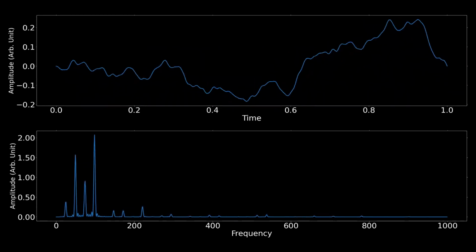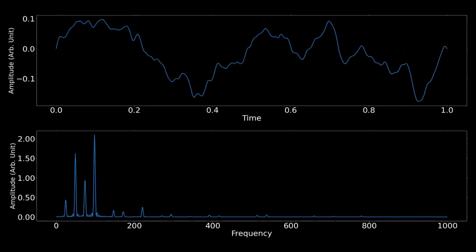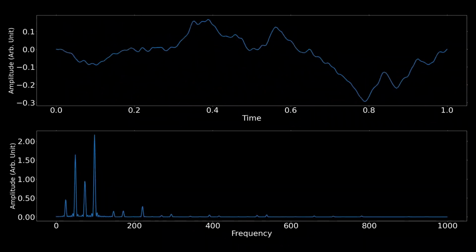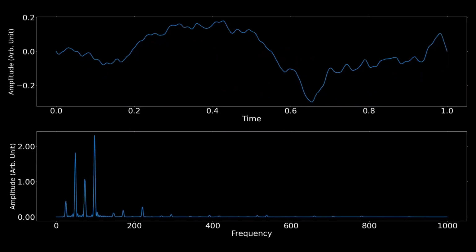So our goal of this research is to find these individual acoustic oscillations and try to find out what their characteristics are, right?